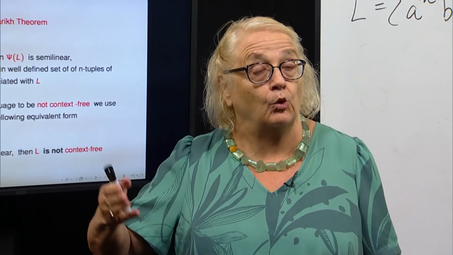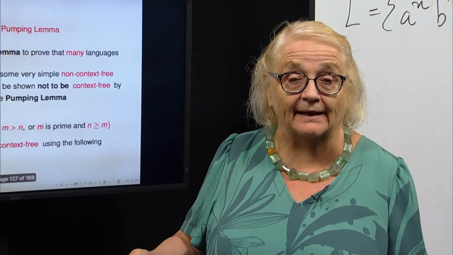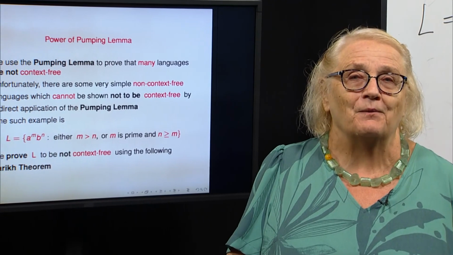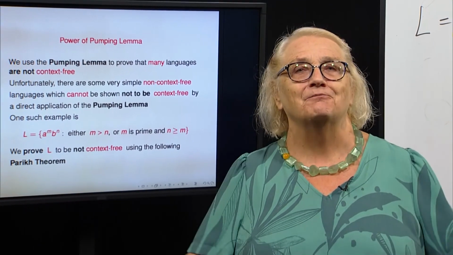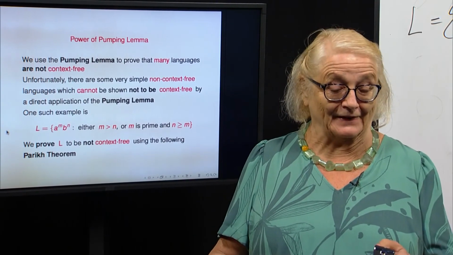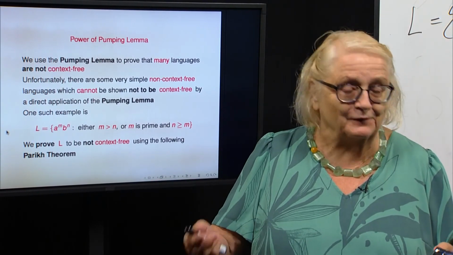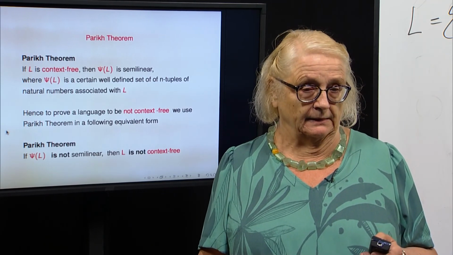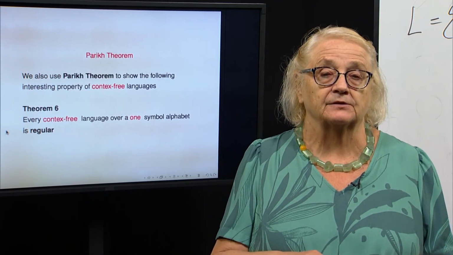It happened that people couldn't prove that a certain language was non-context-free. There were new versions of the pumping lemma, and people said, I cannot prove that it's not context-free, and also nobody could prove that it was context-free. So that is a new, nice method.